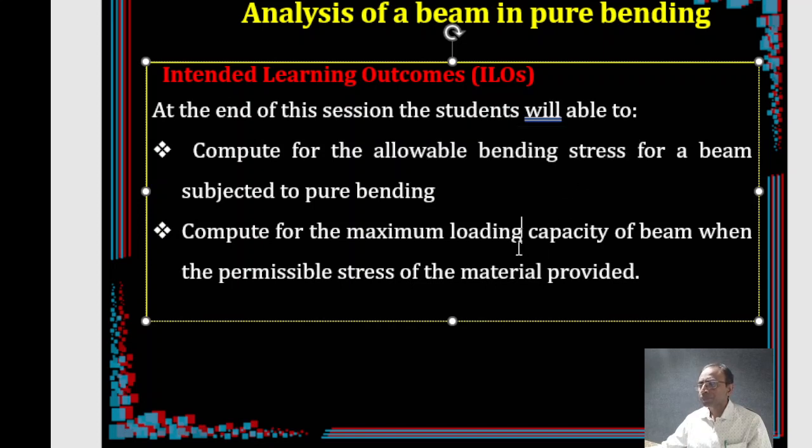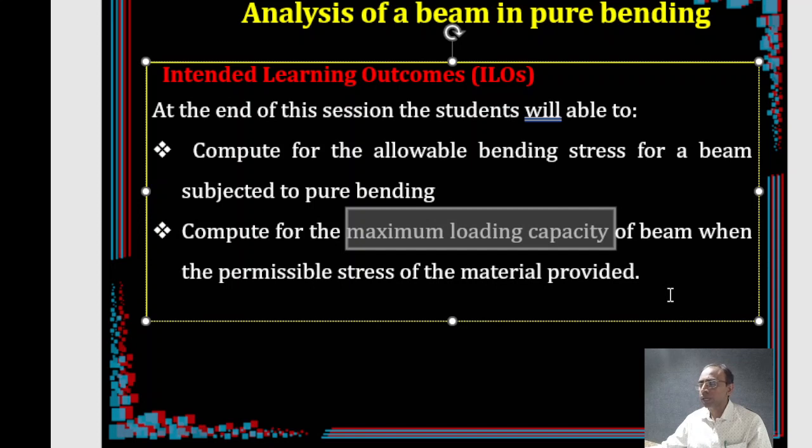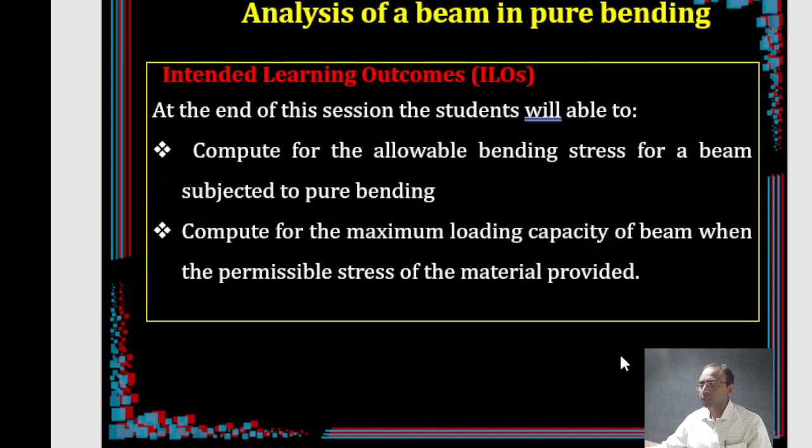The other one is, if you want to calculate the load carrying capacity, what is the maximum load the beam can carry, right? If the beam is subjected to pure bending and you are expected to look at the maximum load carrying capacity, in that case, this particular topic is relevant. For that sake I am discussing this.